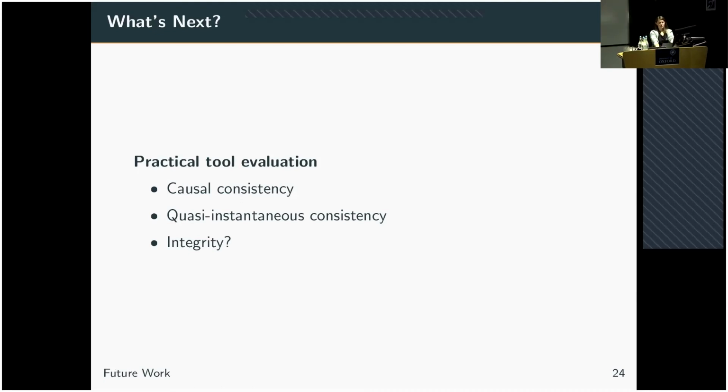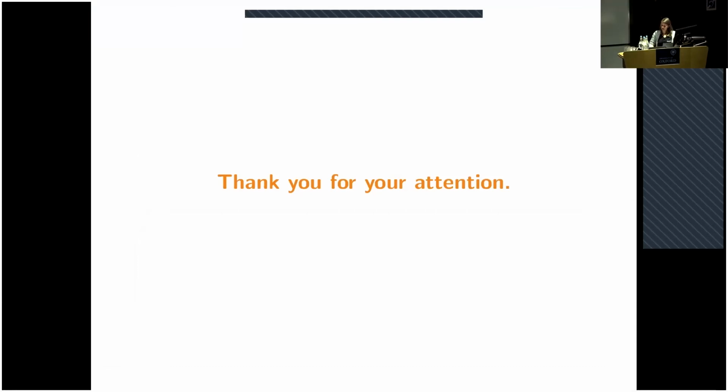And so as future work, we would like to perform practical tool evaluations with the two consistency definitions, causal consistency and quasi-instantaneous consistency, and maybe also have another look at integrity, because prior investigations into this maybe could be improved. So thank you for your attention, and I'm happy to take any questions if you have some.